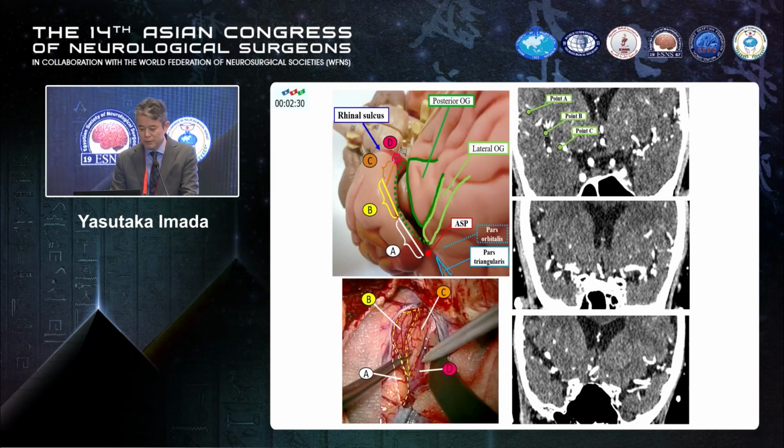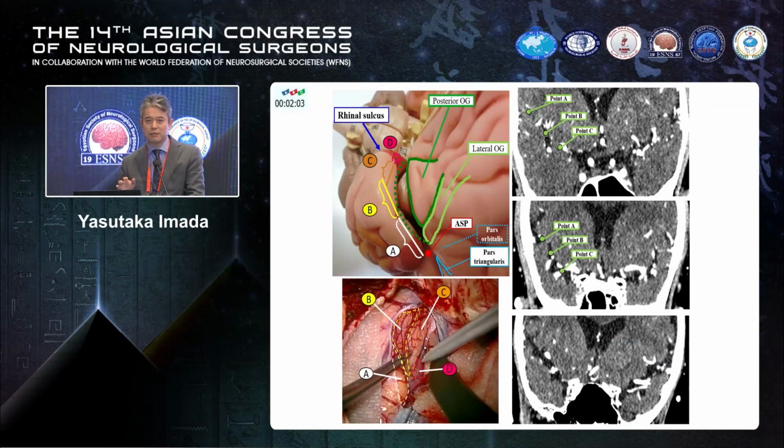In the upper case, all points A, B and C are very narrow. In this case, adhesion of the sylvian fissure stem may be very tight, and dissection will be most difficult. In the middle case, points A, B and C are moderate.